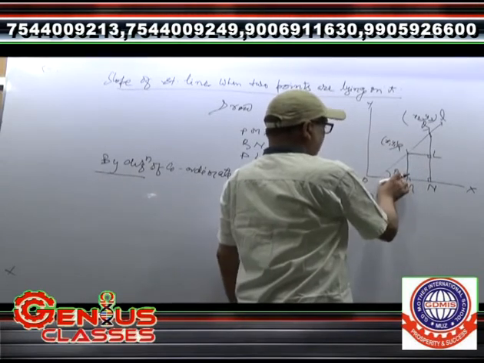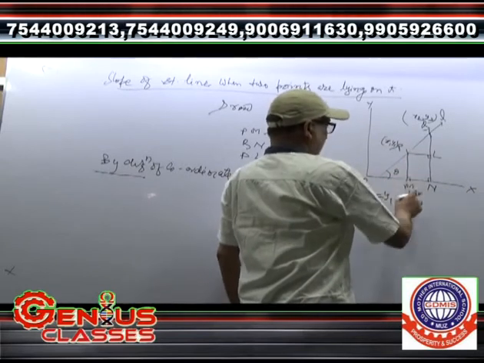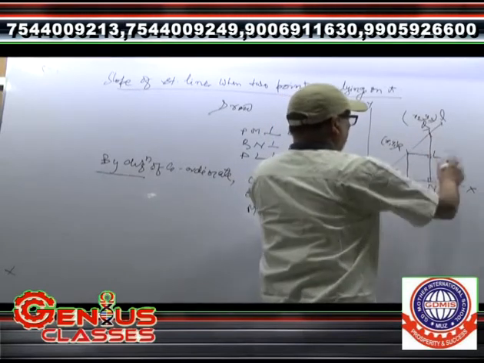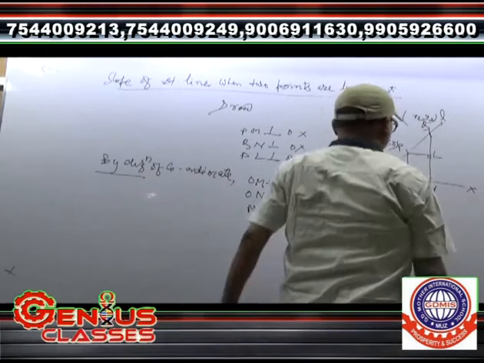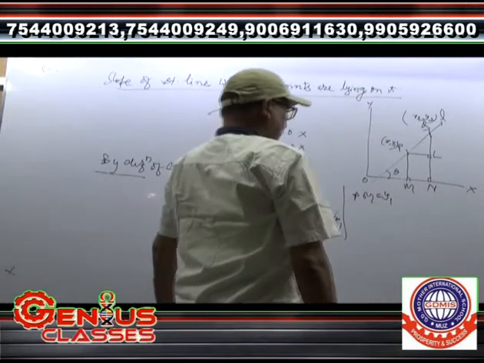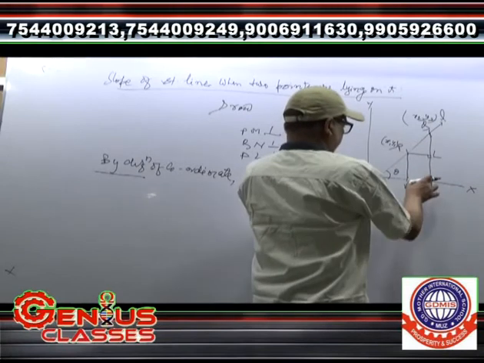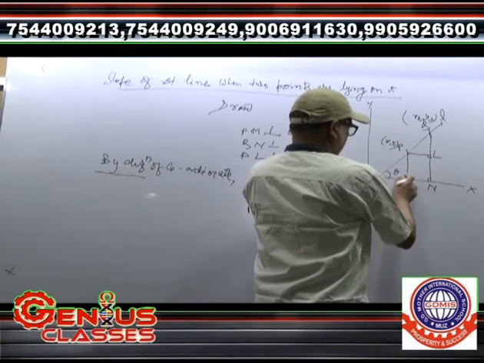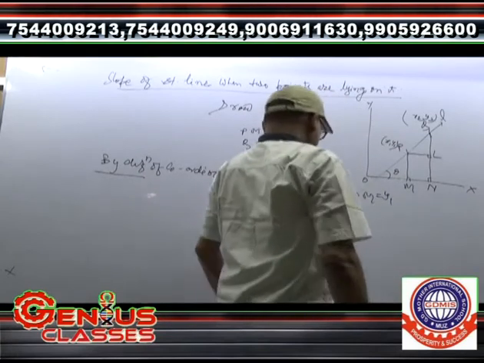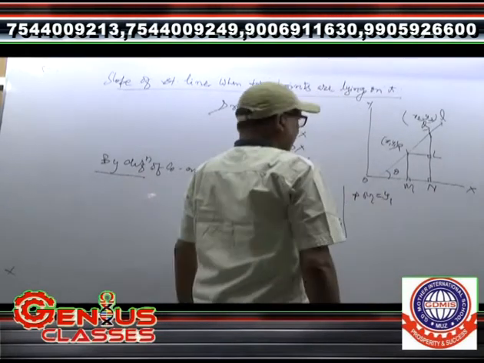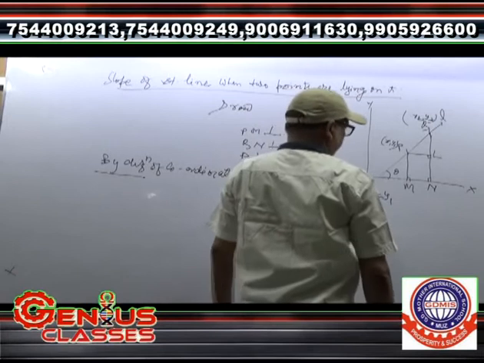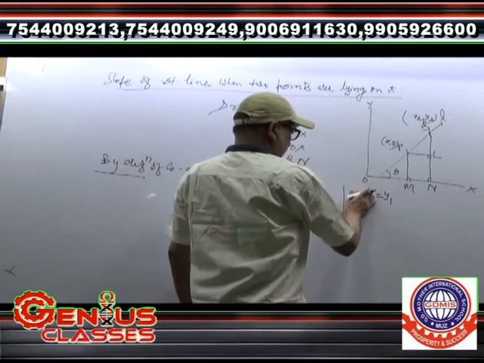OM हो गया x1, PM हो गया y1, ON हो गया x2 और QN हो गया y2. So therefore MN is equal to PL. तो MN can be written as ON minus OM, यानी x2 minus x1.